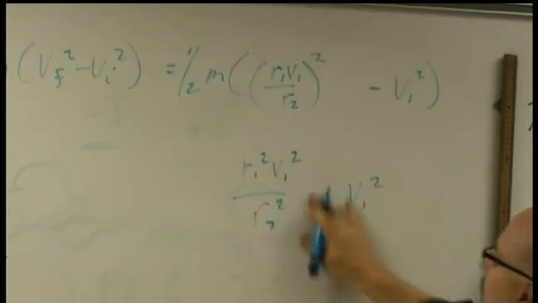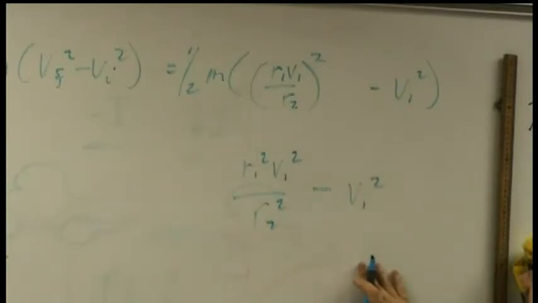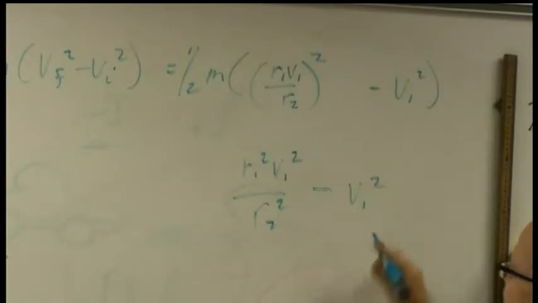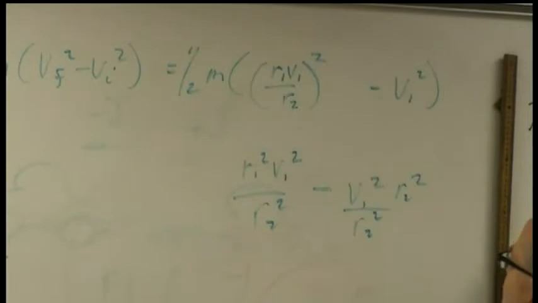Okay, common denominator. No, minus. You can take a V1 squared out, and then what you're left with is a fraction. Multiply by R2 squared over R2 squared.